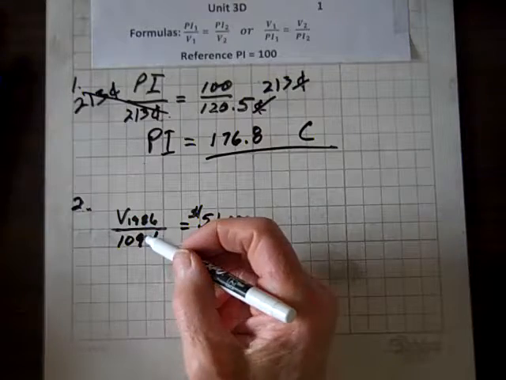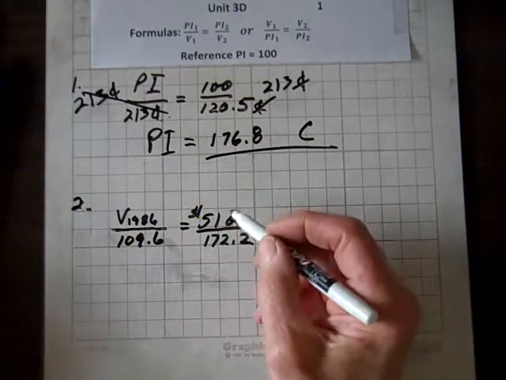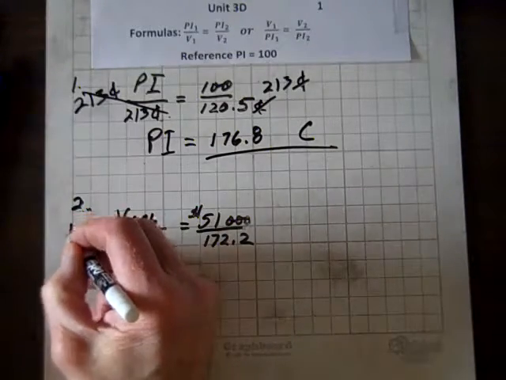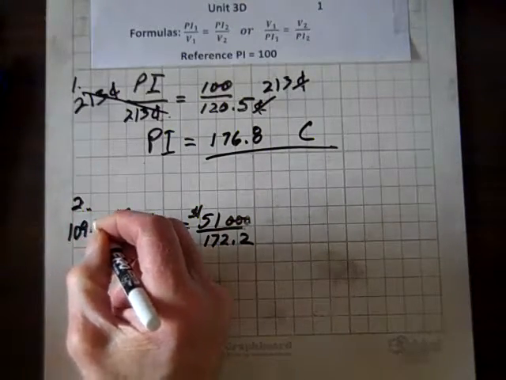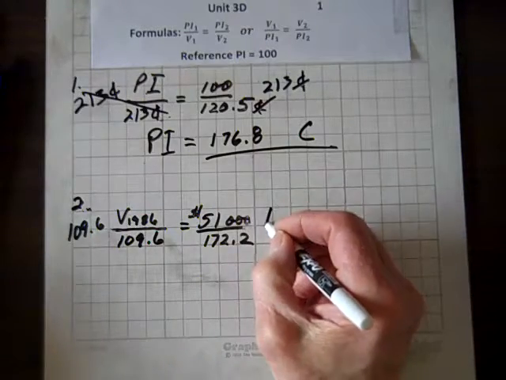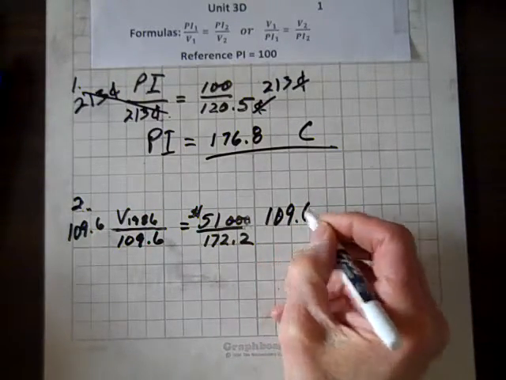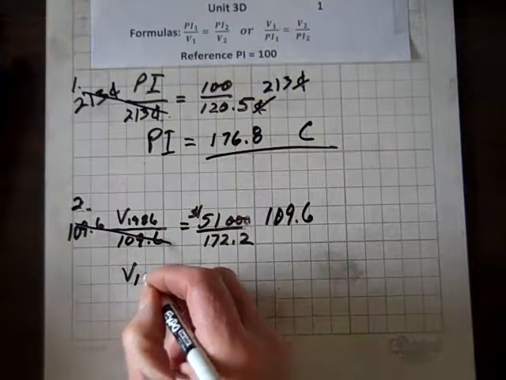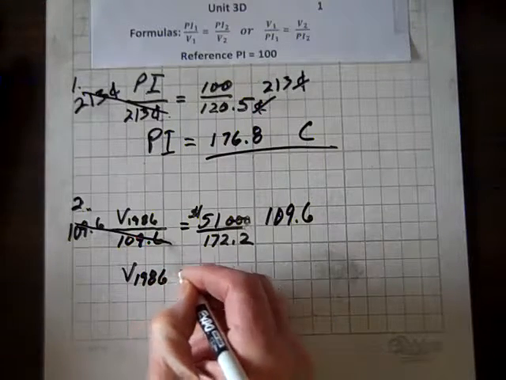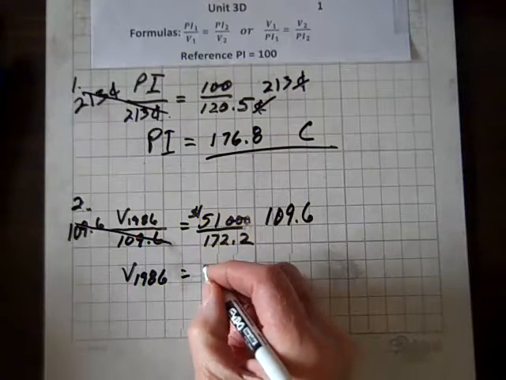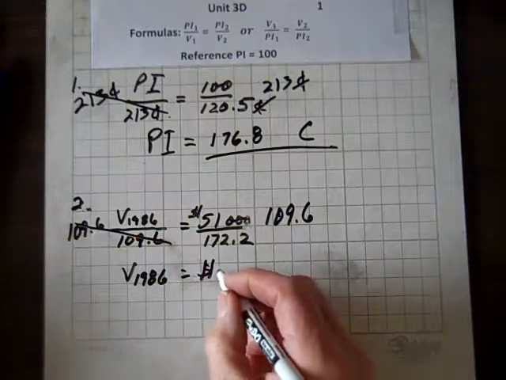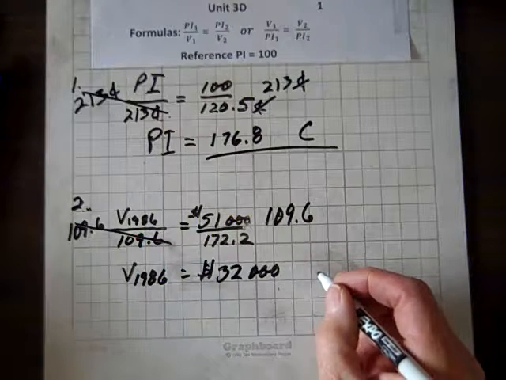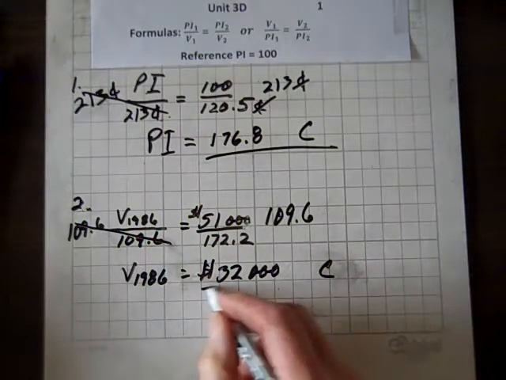So we've got value in 86 over index for 86, value in 2000 over index for 2000, and we'll multiply both sides by 109.6 and 109.6. These divide out, and so we get the value in 1986 equals the product of this stuff, and that product is $32,000, and that's selection C.